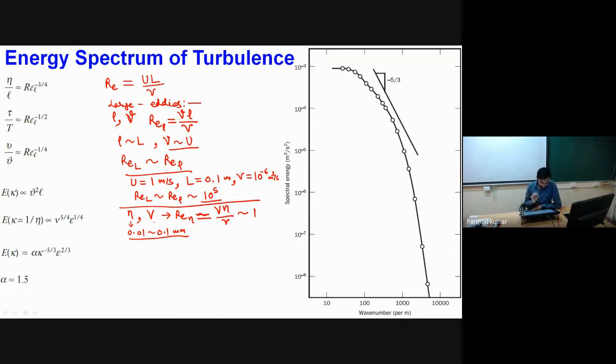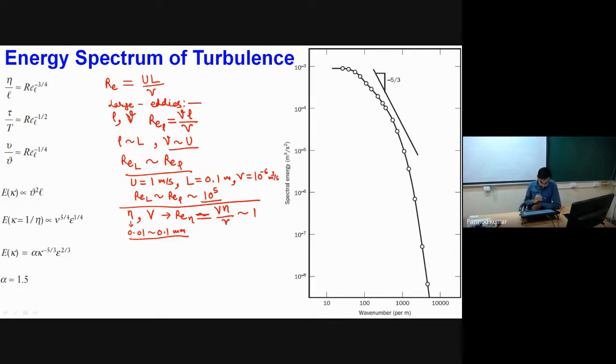One important point to make here: as I told you, in small eddies we have the dominance of viscosity. So whatever energy is present with these smaller eddies will be dissipated by the viscous effects, whereas in the case of large eddies the energy will not be dissipated, because these are inviscid eddies.